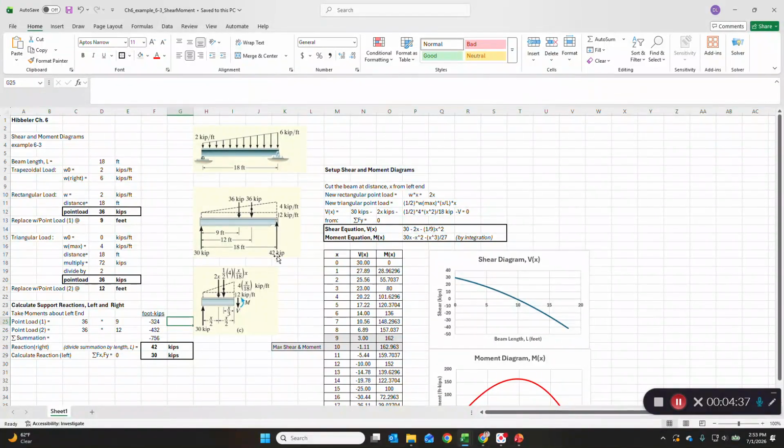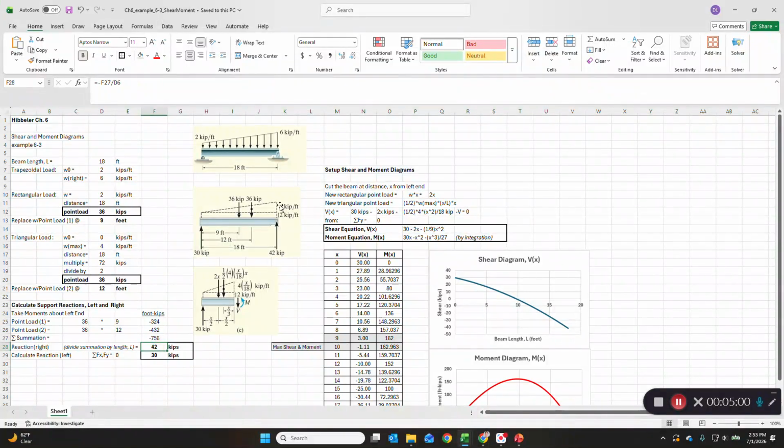But then you have a reaction support at B that will create a counterclockwise moment around the left end. Okay, when I say A, I mean the left end, and B, the right end. And so if we divide this minus 756 by minus 18 because it's going to create counterclockwise, we get 42.